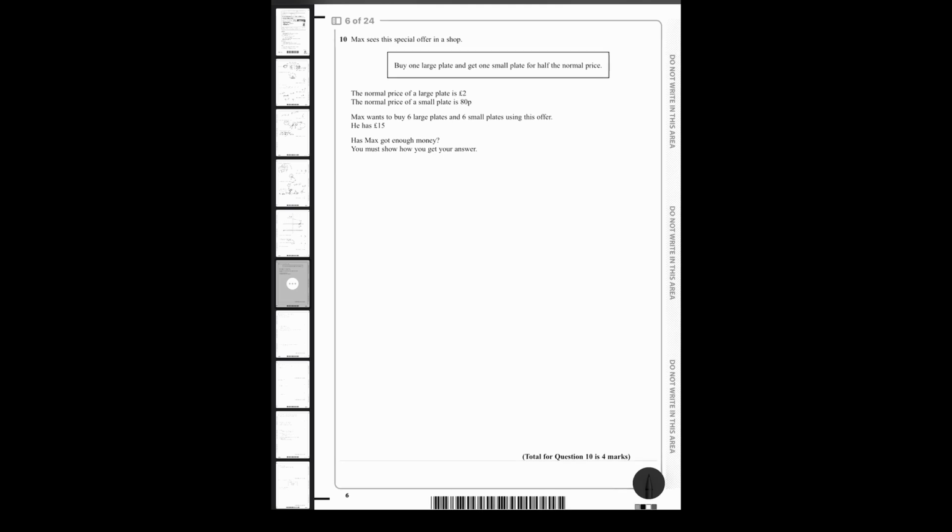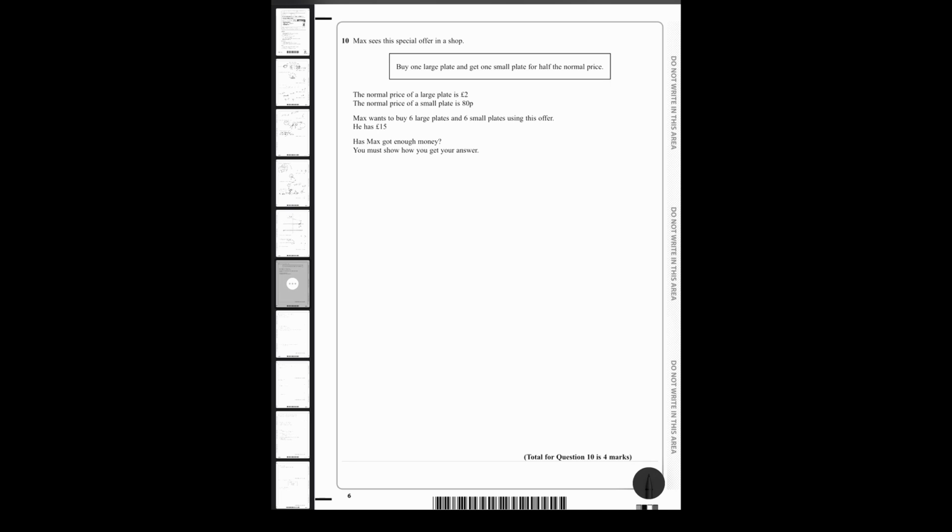Next one. Wow. They start getting wordy around here. Max sees this special offer in a shop. The offer is buy 1 large plate and get 1 small plate for half the normal price. The normal price for a large plate is £2, and the normal price for a small plate is 80p.